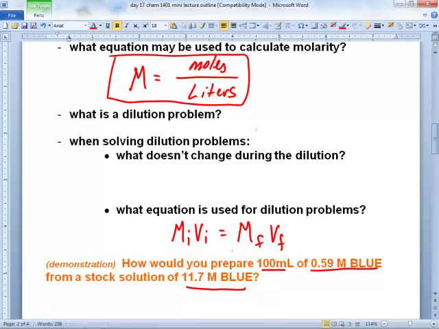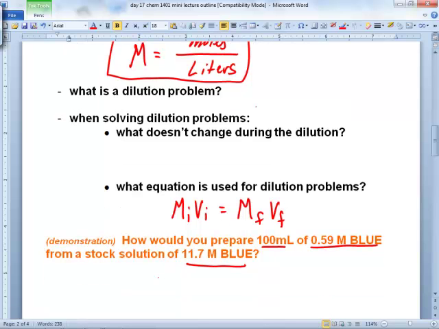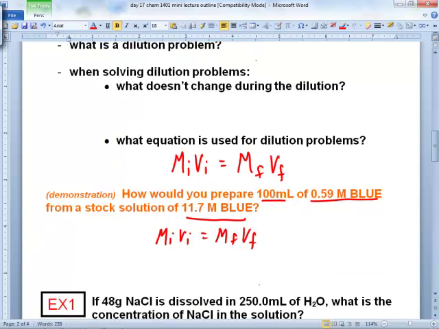Okay, how would you do it? So let's see if Victoria is right. Let's set up the equation. Do we need to convert to liters? MiVi equals MfVf. So what are we going to plug in for this stuff?